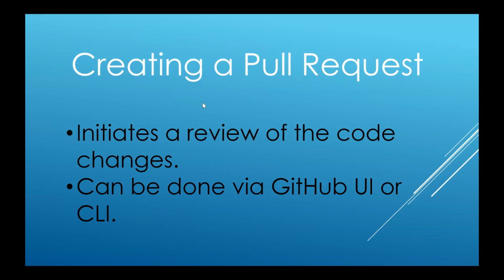You can fix the comments, resolve them after applying the fixes, and once that is approved, you can complete the pull request to merge your code to the main branch. This initiates a review of the code changes, and can be done via the GitHub UI or CLI.